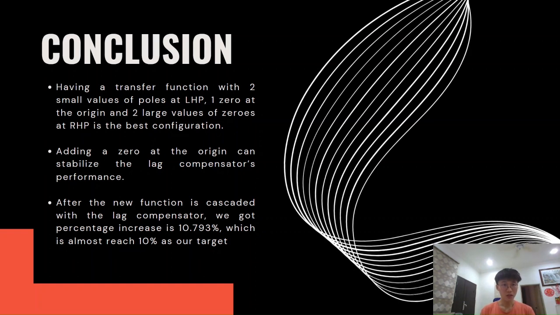Adding a 0 at the origin can stabilize the lag compensator's performance. After the new function is cascaded with the lag compensator, we got a percentage increase of 10.793%, which almost reaches the ideal case of 10% as our target.